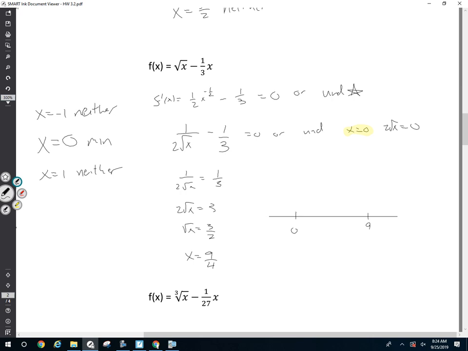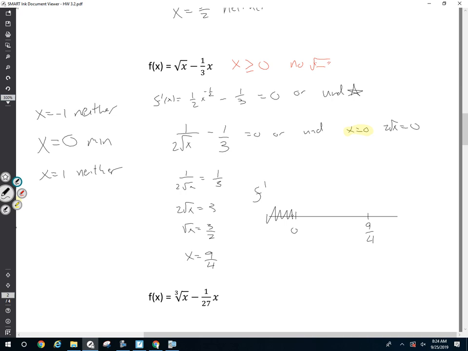Now this is what's interesting here. This function, I can only plug in x bigger than or equal to 0 because we don't want to take roots of negatives. So 0 is a starting point, and I don't need to worry about that.